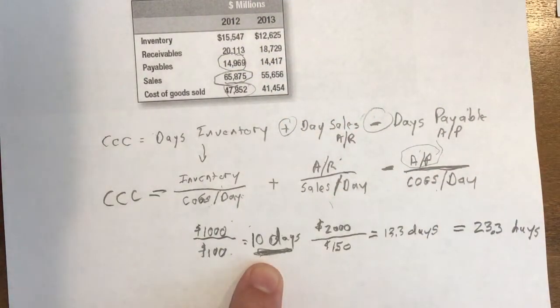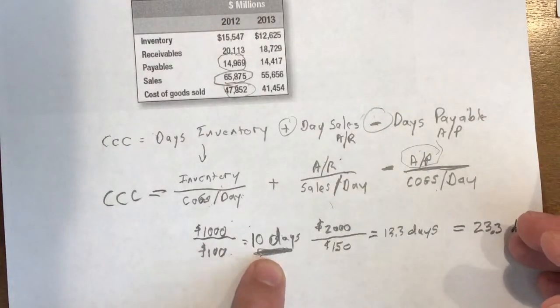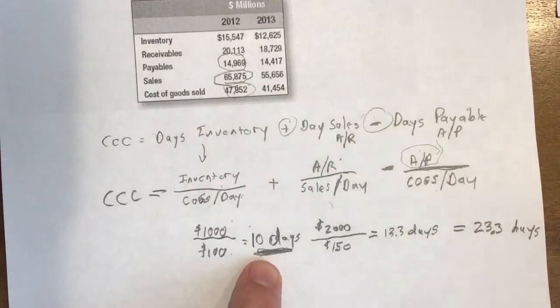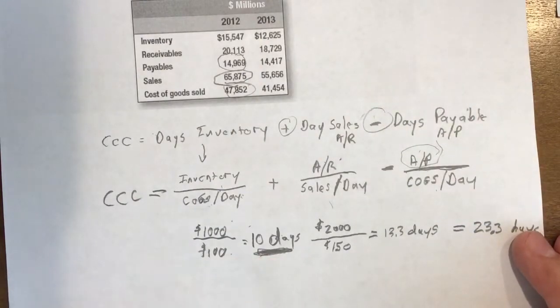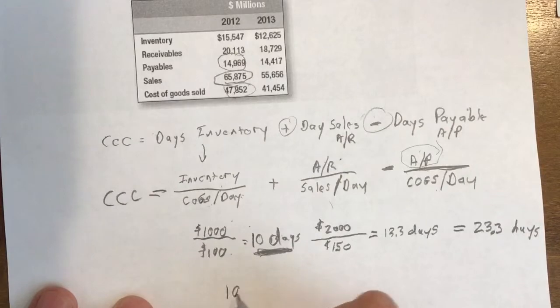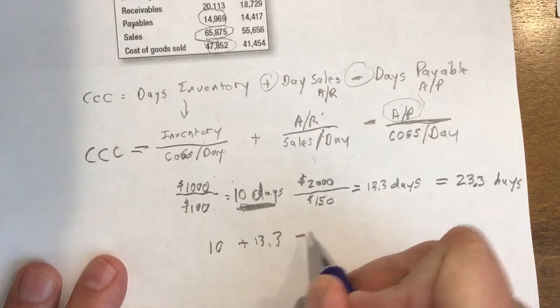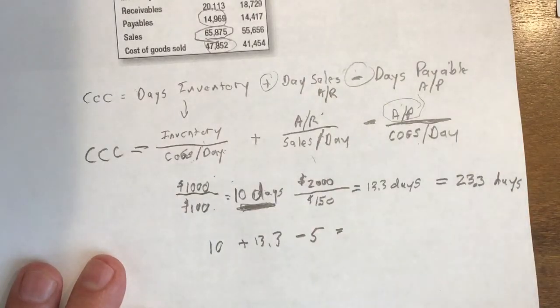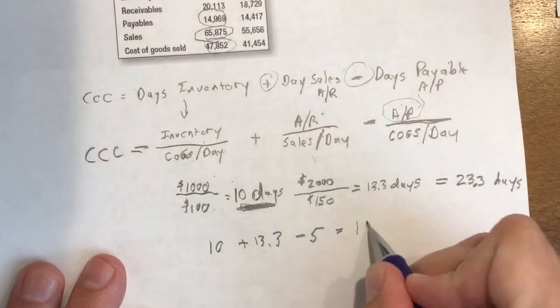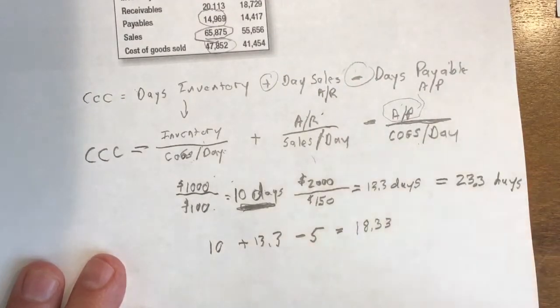And that days payable benefits you because although you needed to have the inventory, in my simple example, 10 days in advance on your shelf, you didn't actually have to pay for it for 5 additional days. So it'd be 10 plus 13.3 minus 5. So your total cash conversion cycle is 18.3 in my simple example.